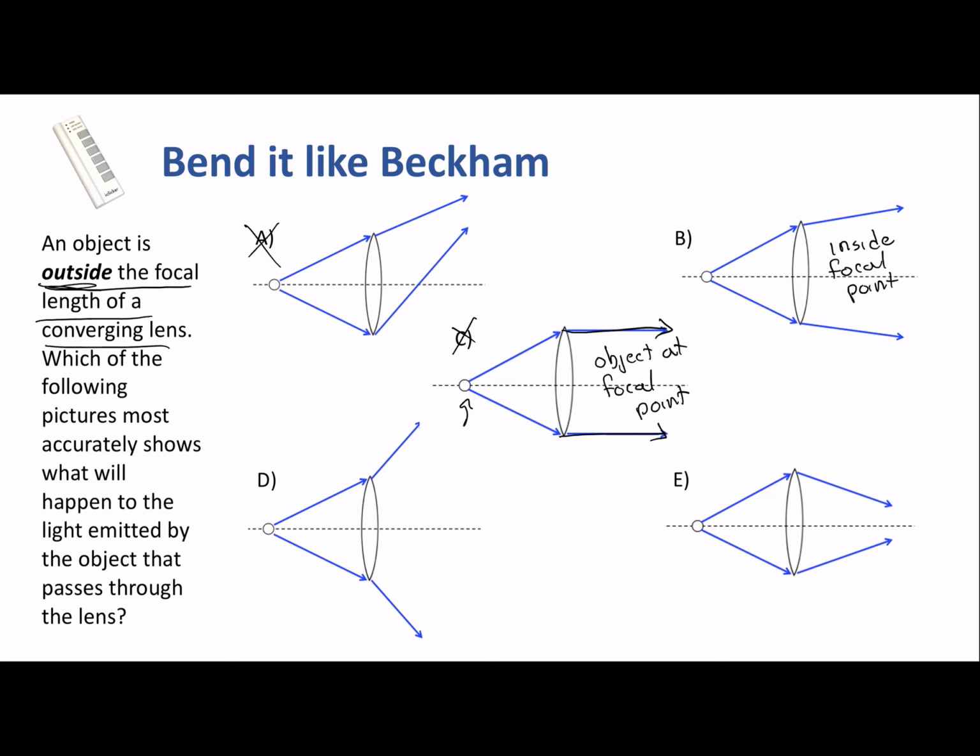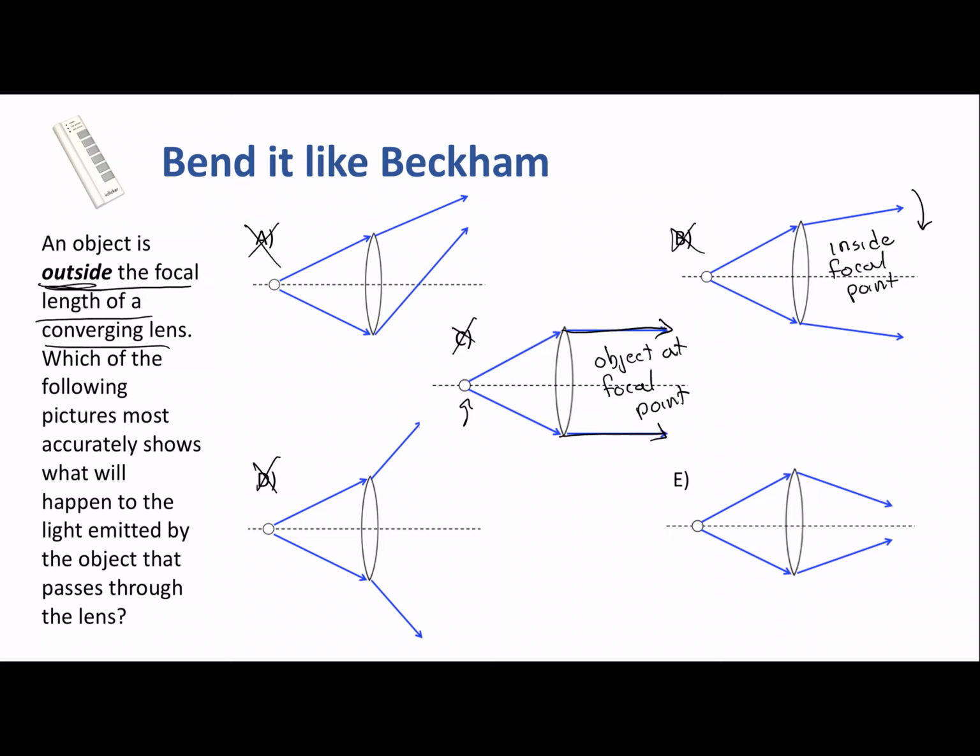So this is an object that's too close to the lens. The lens can't bend the light enough to make it converge. That's an indication that we have an object that's too close, that's within the focal length, inside the focal point of the lens. That's actually the same for D. In fact, the object in D is even closer.